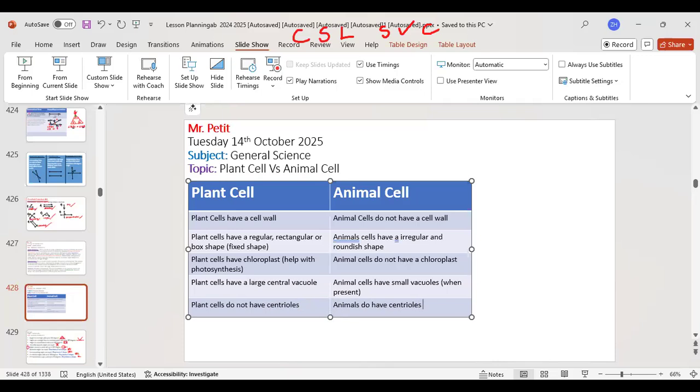A centriole is basically a structure that helps with cell division. All right, so basically, the plant cell is going to be able to divide and make copies of itself. You probably never heard of the process of mitosis, basically cell division. But centrioles also just help with the general structure and shape of the cell too.